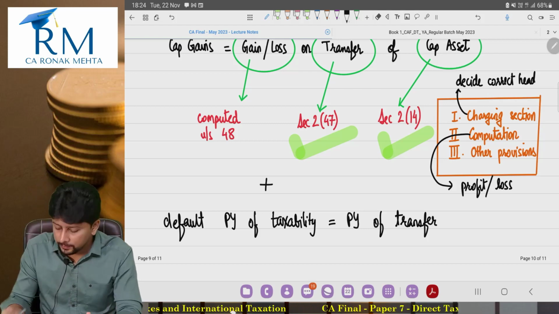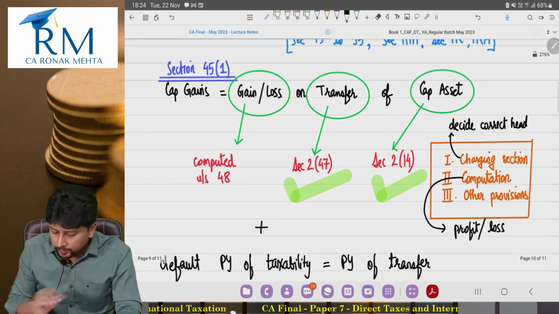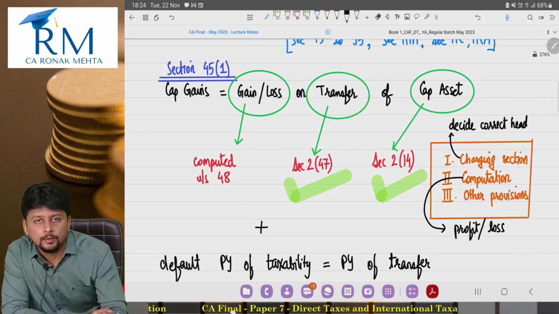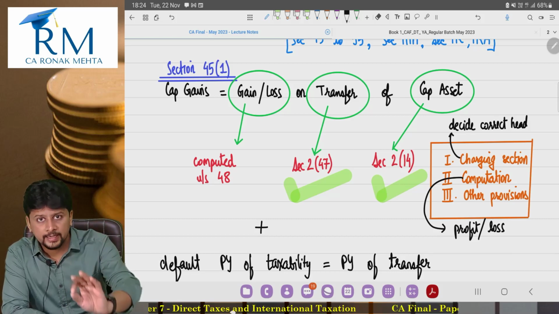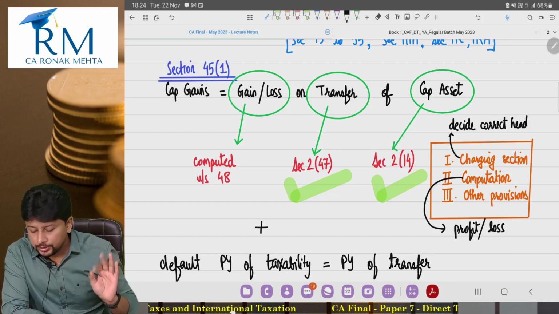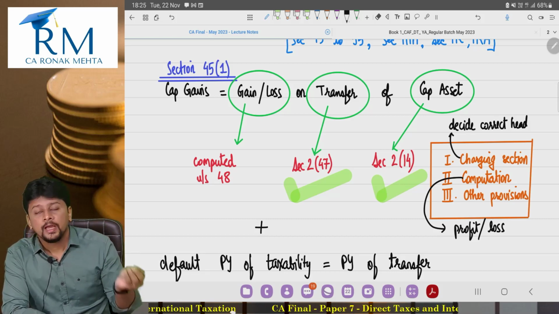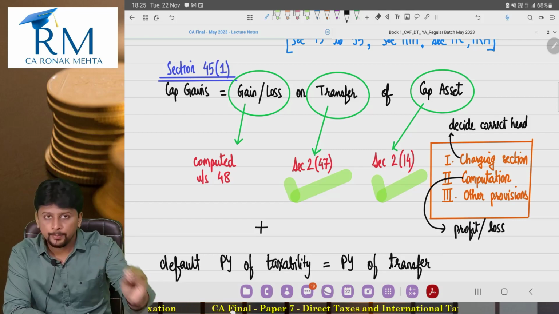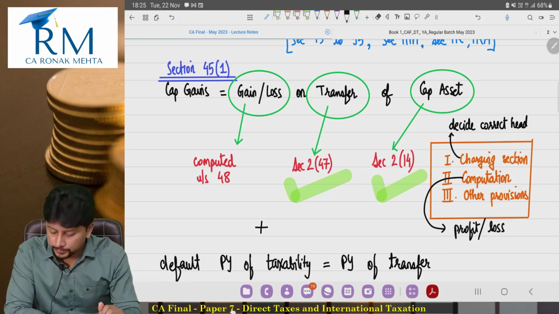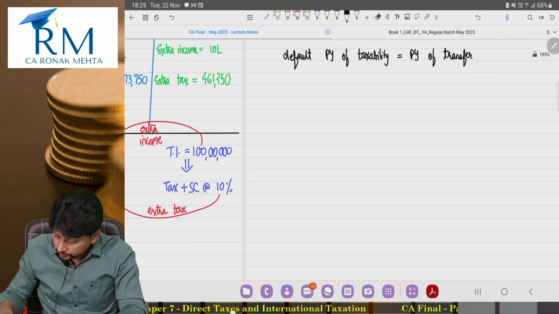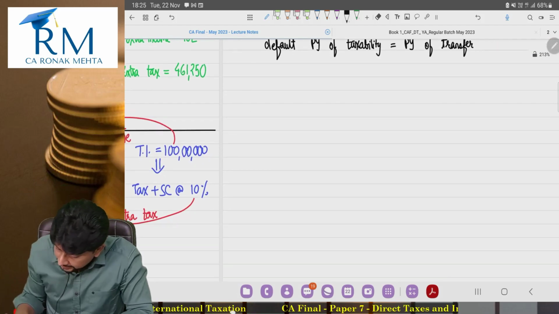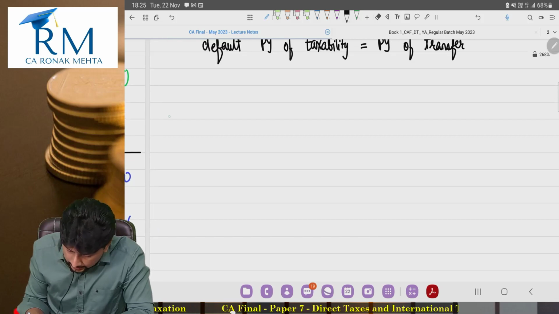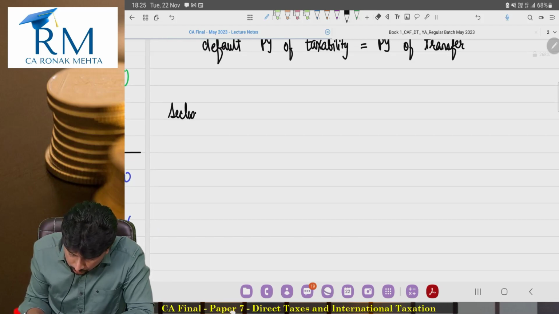Now that means to be able to decode 45(1), I must first understand the definition of capital asset, the definition of transfer, and only then can I go to the computation of capital gain or capital loss. So first thing, the definition of capital asset, section 2, clause 14.